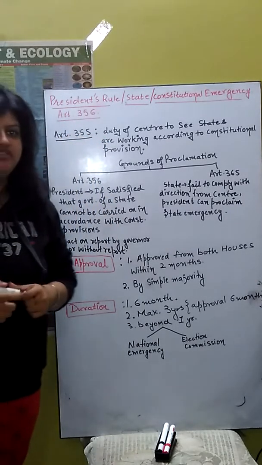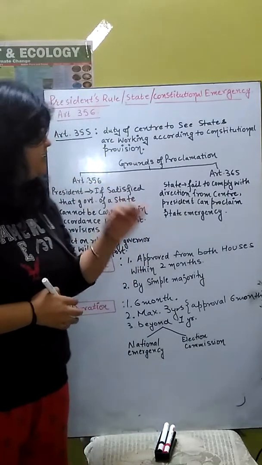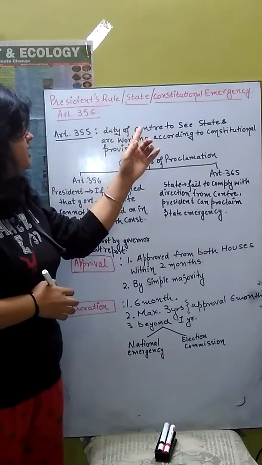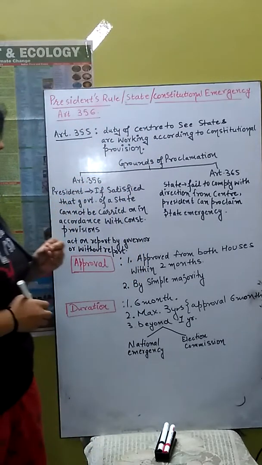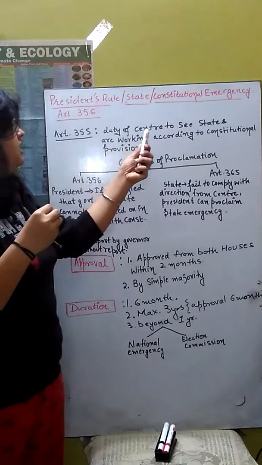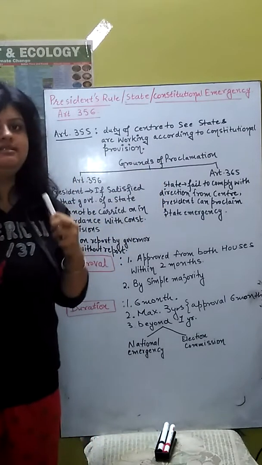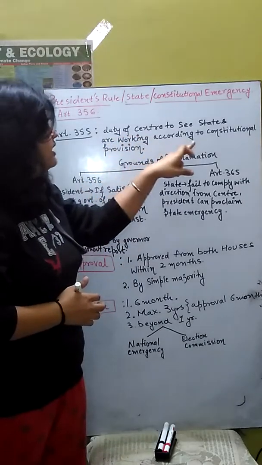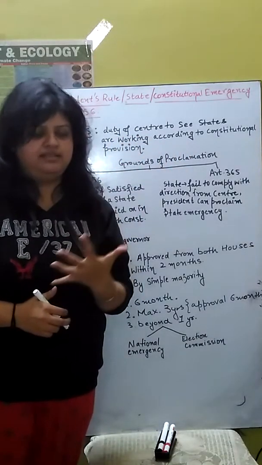Article 355 gives a duty to the center, and that duty says that the center has a duty to see that all the states are working according to the constitutional provisions. So what does that mean?